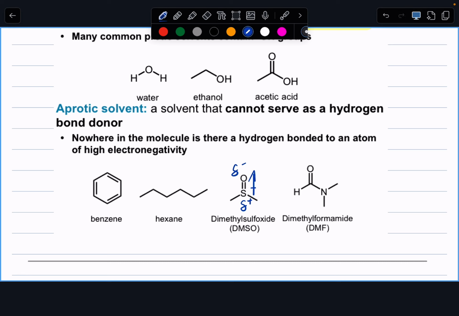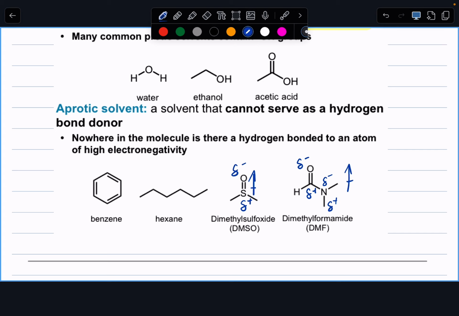So DMSO is a polar but aprotic solvent. The same applies to DMF. We have a partial negative nitrogen, partial positive carbon, partial positive carbon, partial negative oxygen. So overall, in DMF, you have an internal dipole moment.